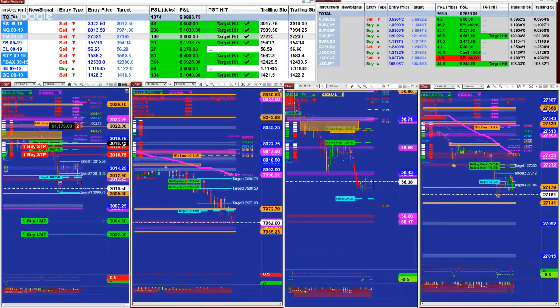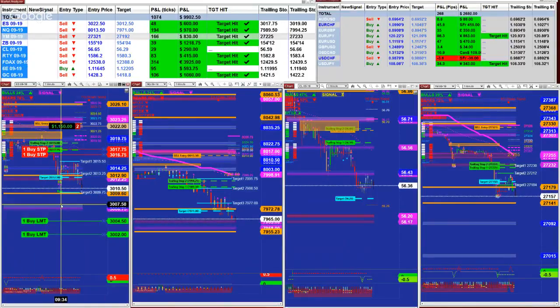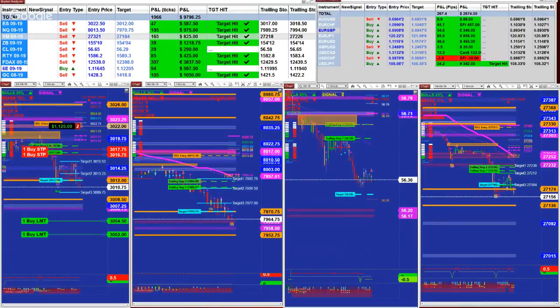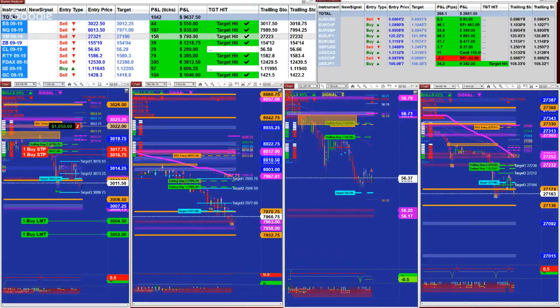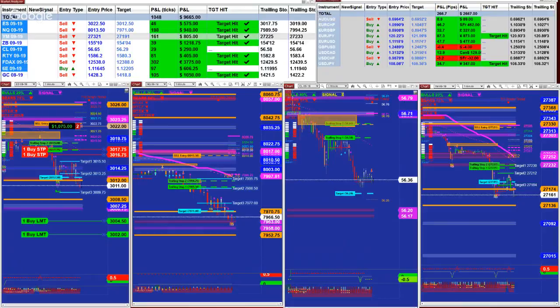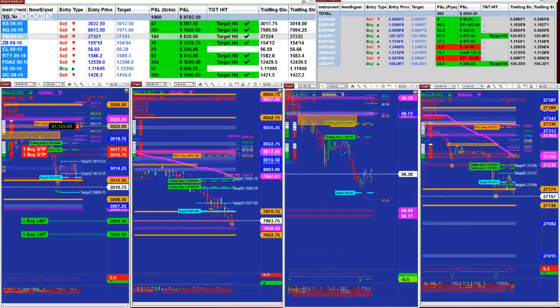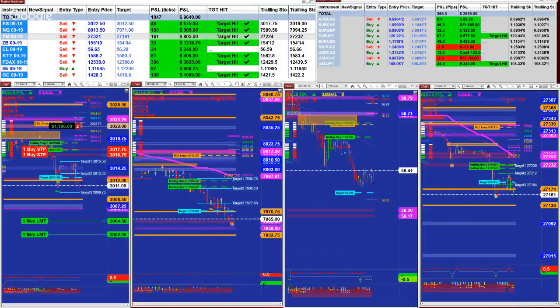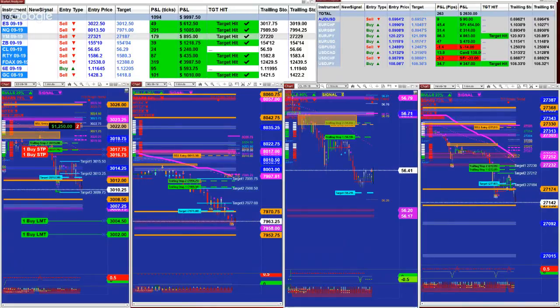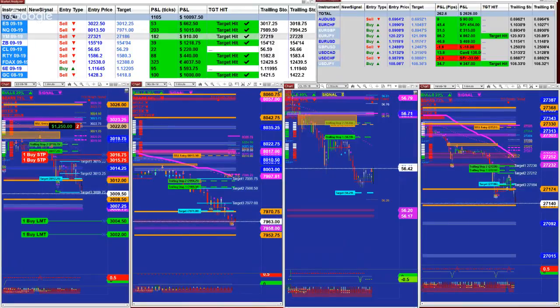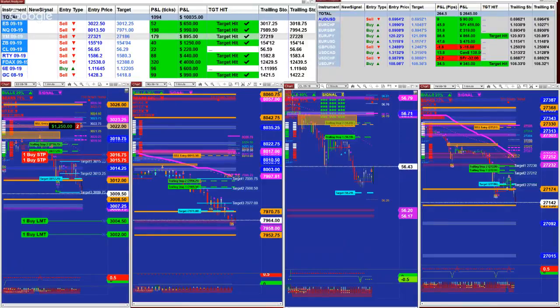Where is this ES going? It is going all the way down to 3007.50. 1,100 ticks on those.